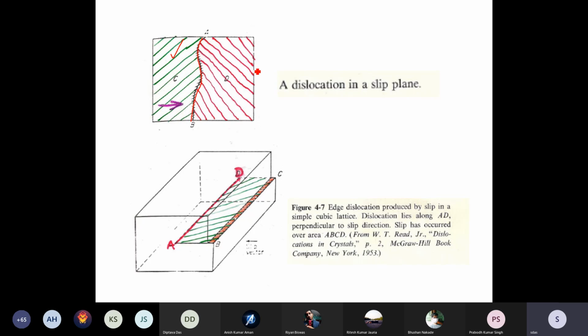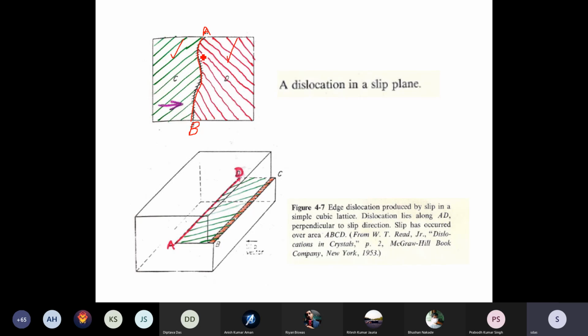This is the slip region. It is unslipped or yet to be slipped. So a region of localized lattice disturbance separating a slipped region from the yet to be slipped region. So this line AB is called a dislocation.